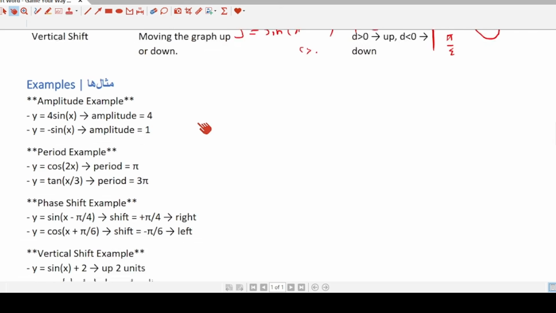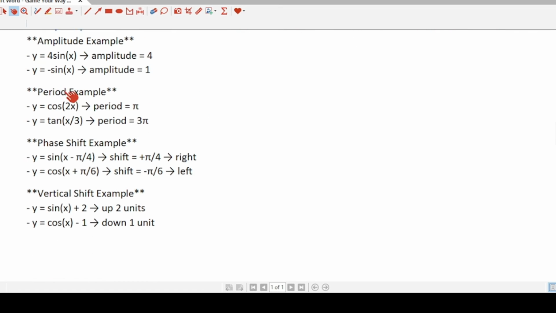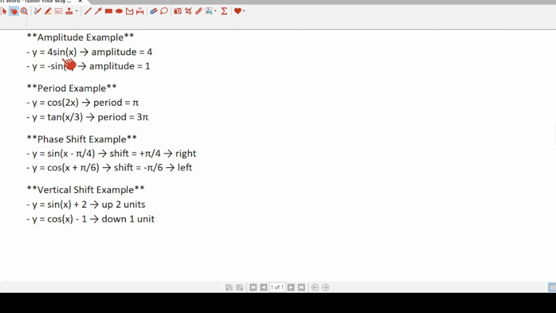When we say y equals 4 sine x, in fact, the amplitude or the height of the wave is 4. That means the wave's height is equal to 4. When we say y equals negative sine x, it is the same idea.